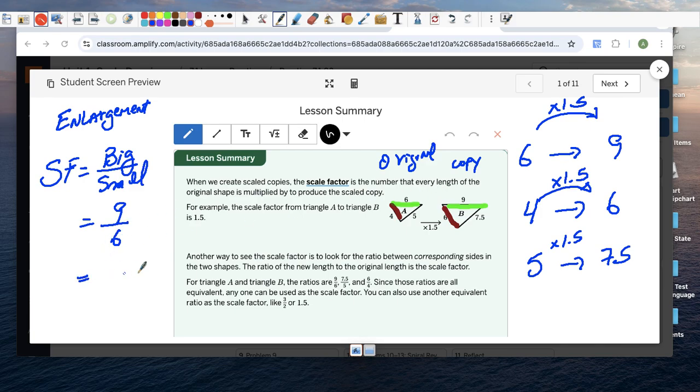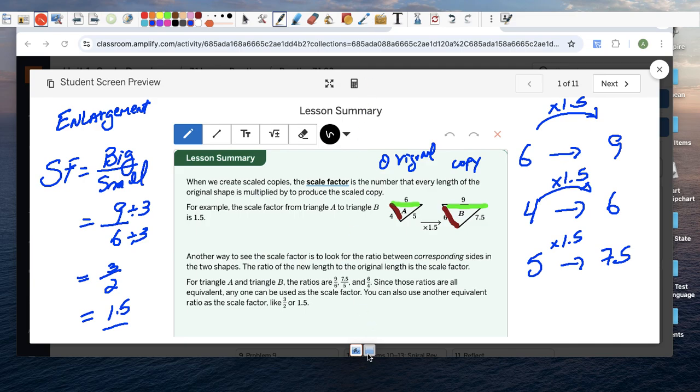And if you take that to the calculator, 9 over 6, and if you simplify, you can divide this by 3, you can divide this by 3, and you're going to get 3 over 2, which is the same thing as 1.5. So as you can tell, the scale factor that was used to create the copy of the original was 1.5. Every side in this smaller triangle was multiplied by 1.5.